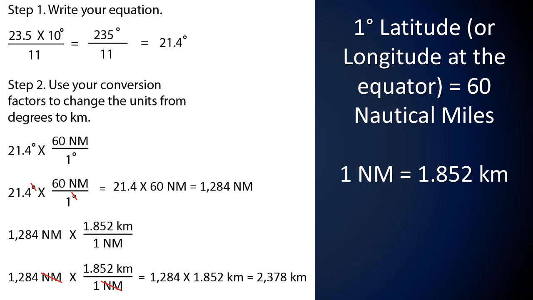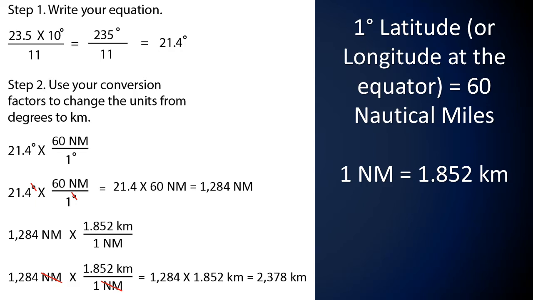Step 1, write your equation. Step 2, use your conversion factors to change the units from degrees to kilometers. We have 21.4 degrees. We multiply that by our conversion factor, 60 nautical miles to 1 degree.